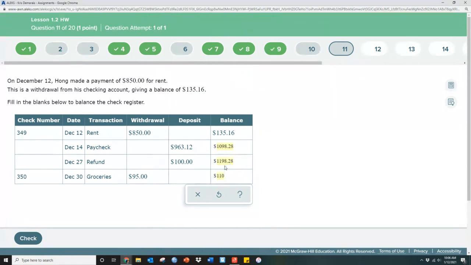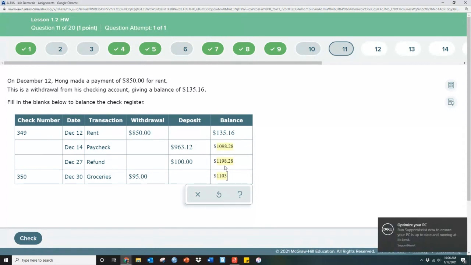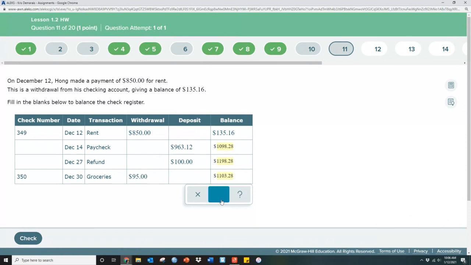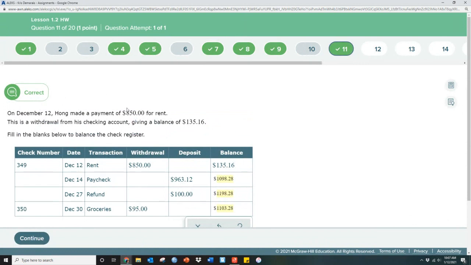All right, so I'm gonna get 1103.28. All right, and then I'm gonna go ahead and check my answer. So you can use a calculator to do all of it if you wish, but I think mentally it's possible if you challenge yourself.